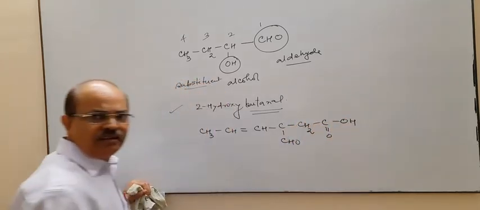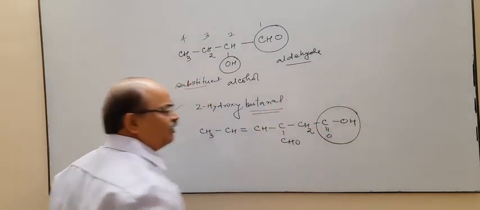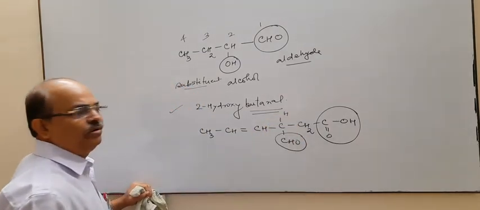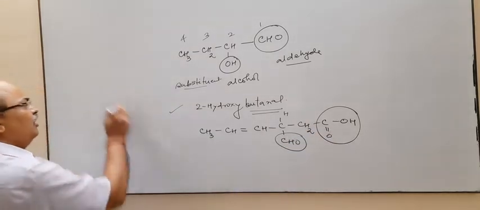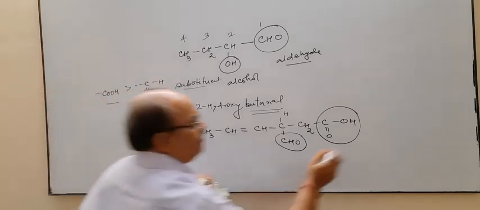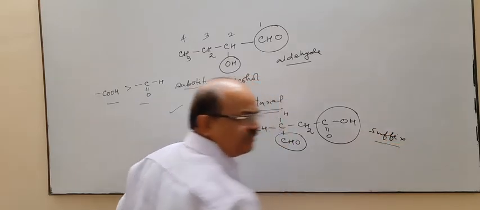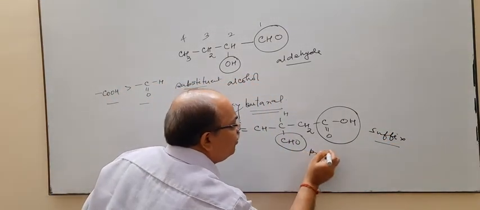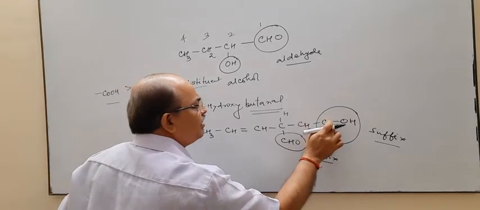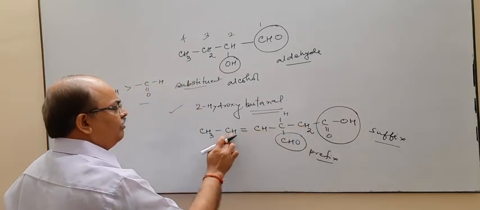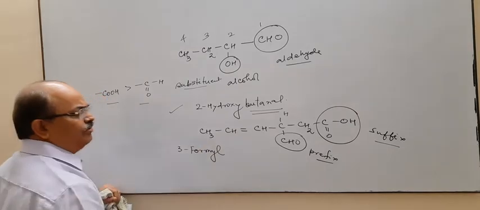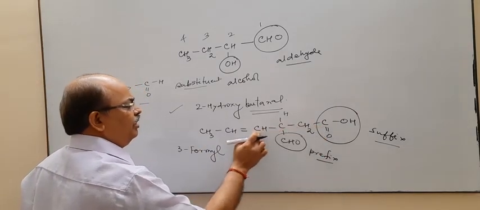For example, if we have a compound like this, CH3, CH double bond CH, CH(CHO), CH2 and COOH. Now you see, in this case we have a carboxylic functional group and also an aldehydic functional group. But which one is senior? You know, the carboxylic functional group is senior to aldehyde. So for this we use suffix, and for this CHO we have to use prefix, which is formyl. So carbons are 1, 2, 3, 4, 5, 6.